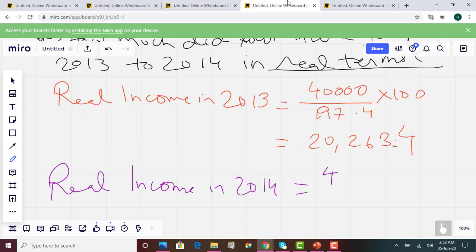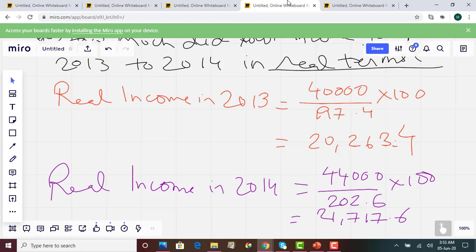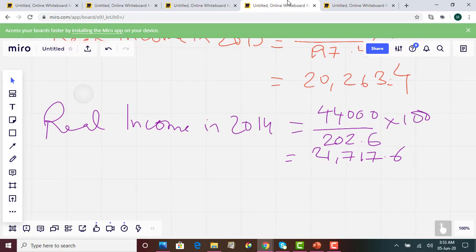So your nominal income in 2014 is 44,000, divided by your CPI in 2014, which is 202.6, times 100, which is equal to 21,717.6. So now when I ask by how much did your real income go up from 2013 to 2014, the answer is easy to calculate.